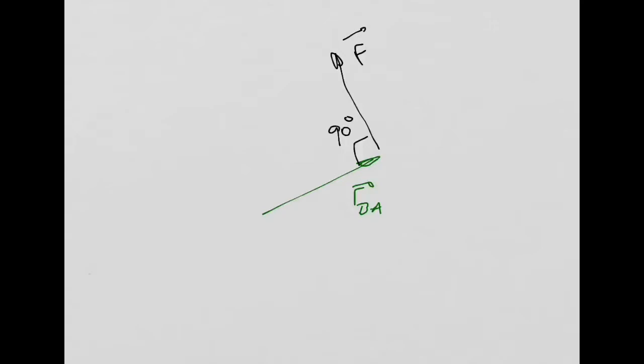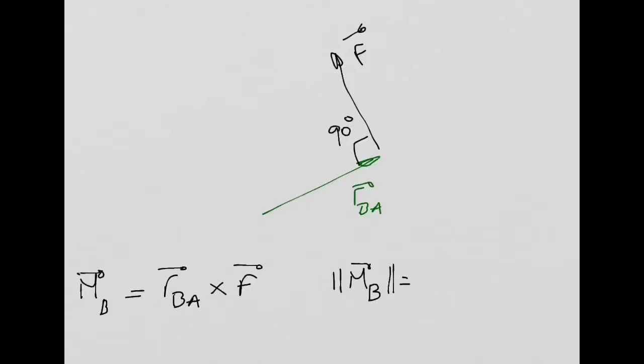When you do this cross product, RBA cross F, you will get the moment, right? But what I told you was that the norm of this moment is equal to the norm of the position vector times the norm of the force times the sine of this angle alpha.